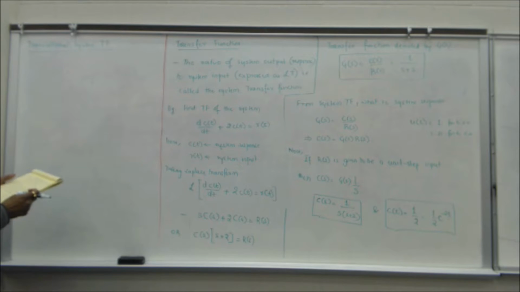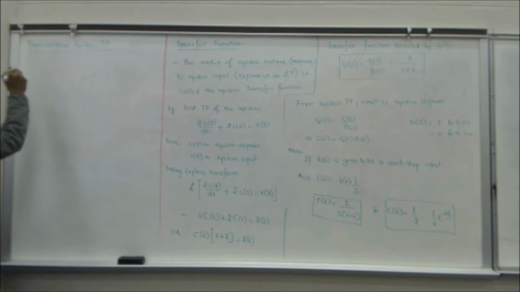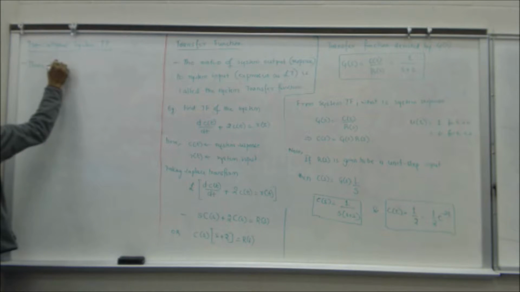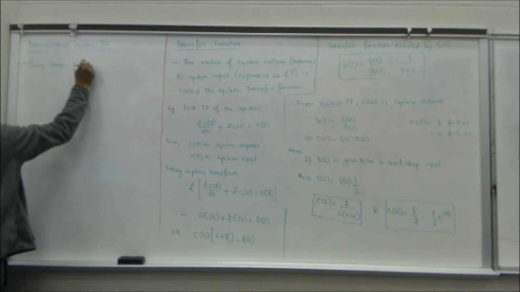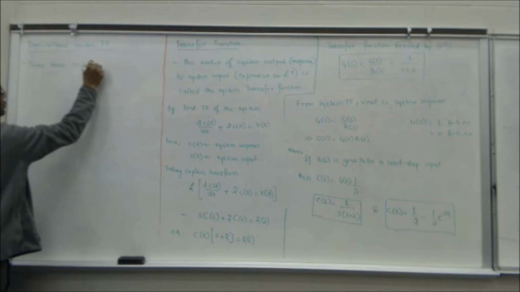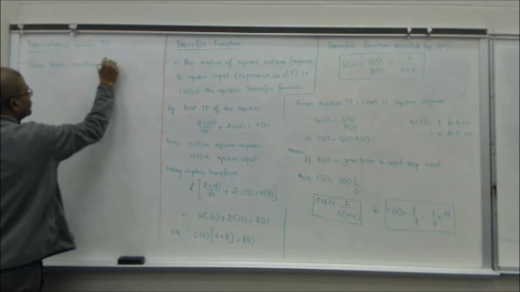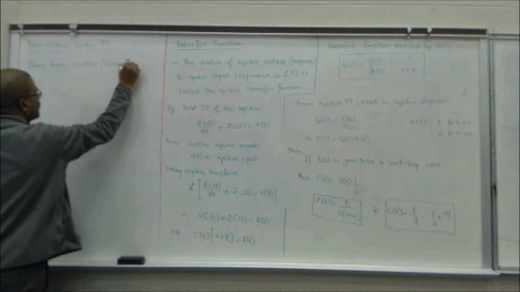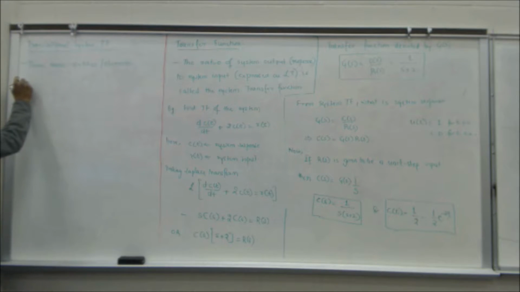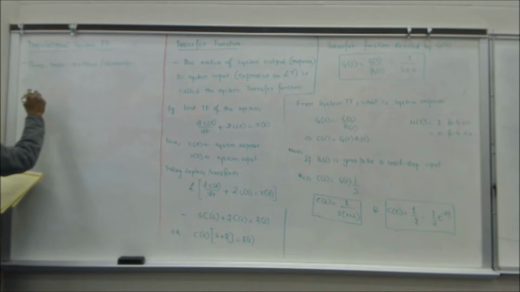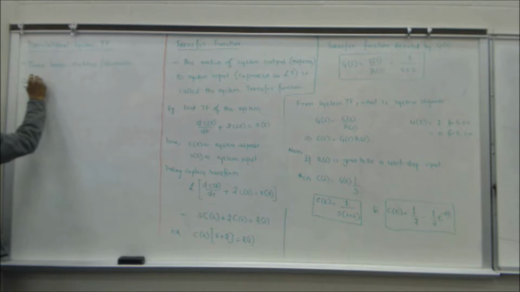So when you're talking about translational system transfer function, we look at three basic elements. The first one is the spring, and we'll use this to represent the spring.